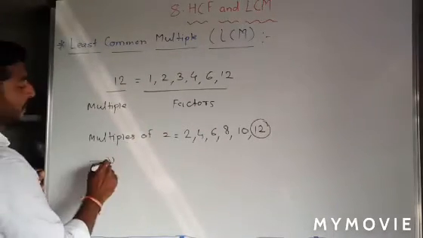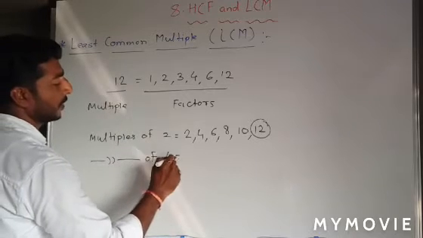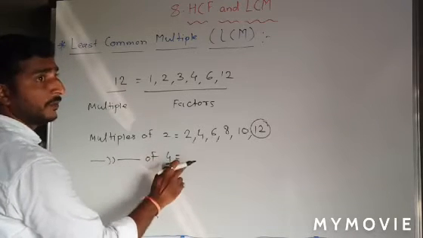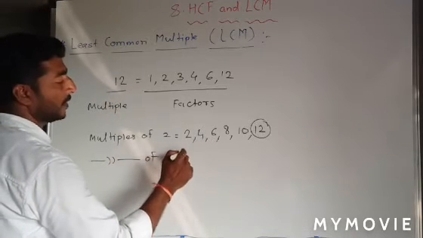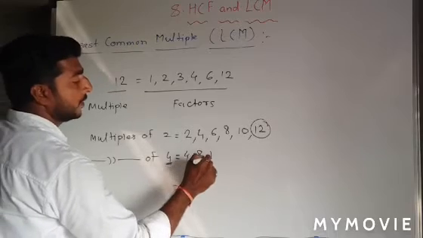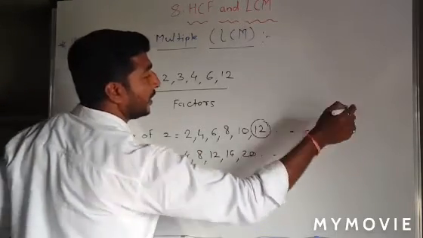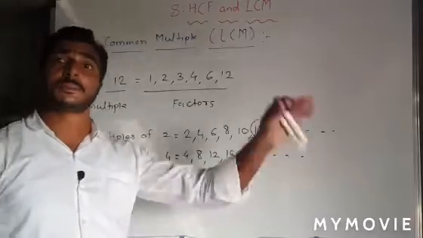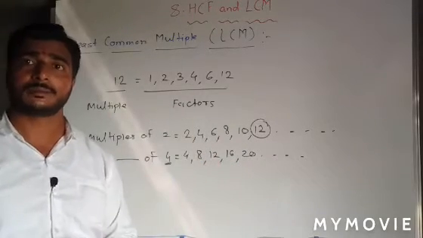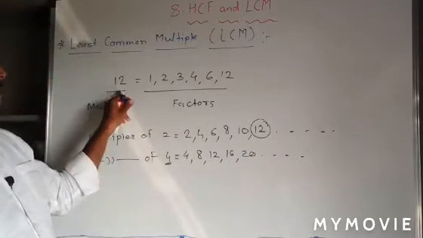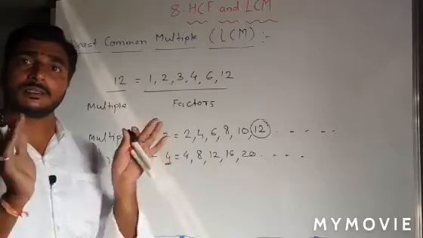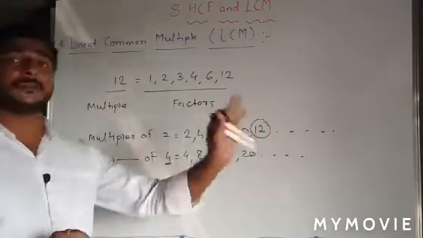Suppose we say multiples of 4. Then you will write the table of 4, meaning multiples of 4: 4, 8, 12, 16, 20 and so on. So there are infinite multiples of any given number. But factors are limited, while multiples are infinite.